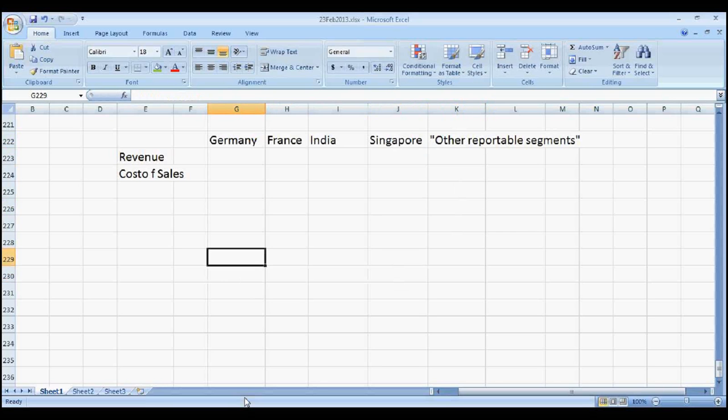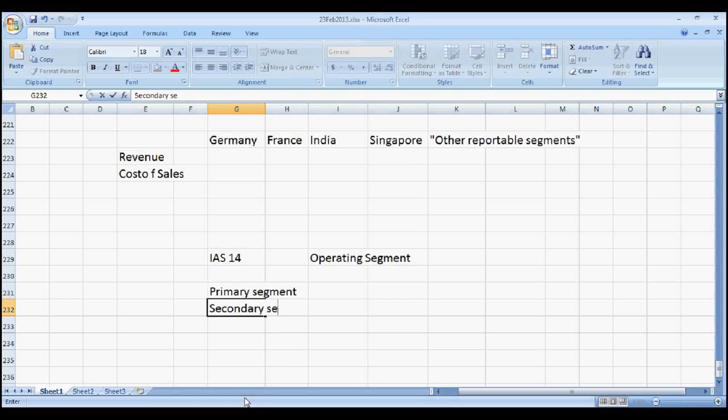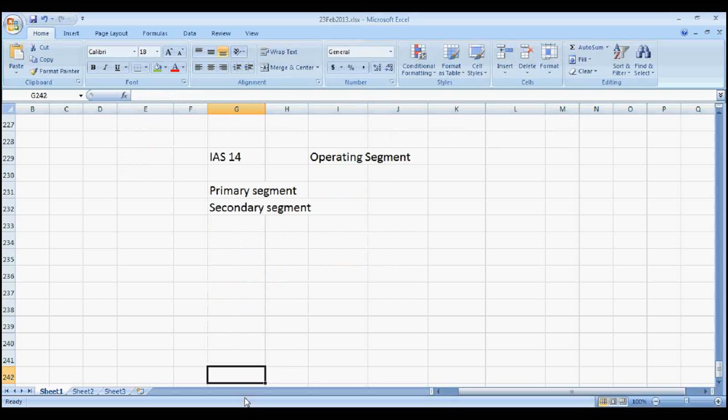Previously, the standard known as IAS 14 used to give guidelines on this. We used to identify segments on the basis of primary segments and secondary segments. So segments are no longer categorized in this manner.